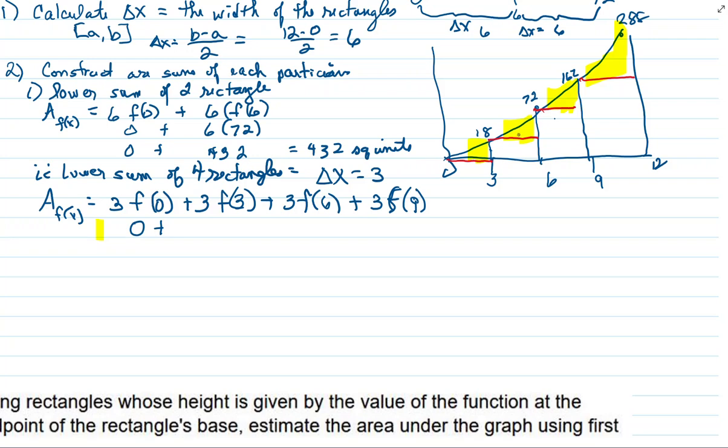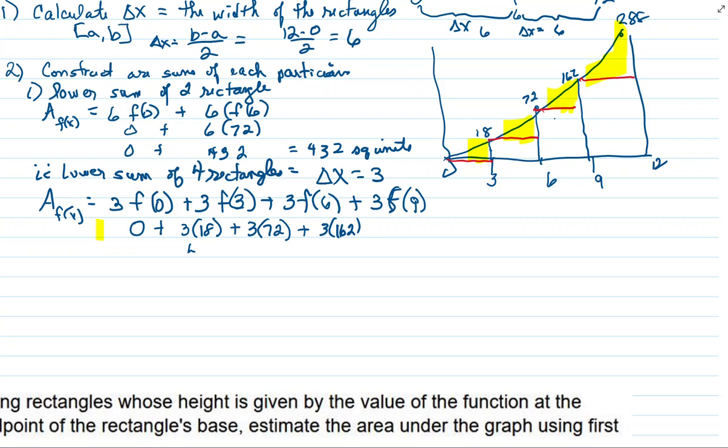So on this one, I'm going to have 3 times the 18. I'm going to have 3 times the 72. And I'm going to have 3 times the 162. Okay. So 3 times 18 is what?